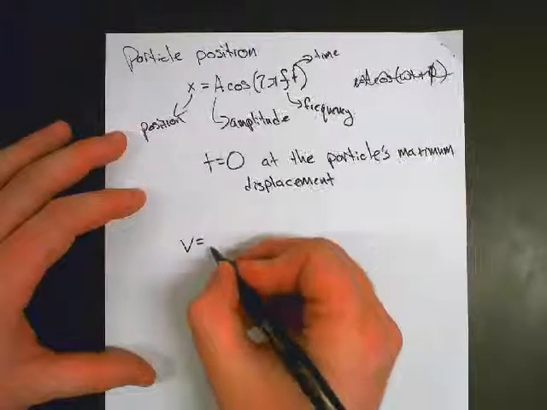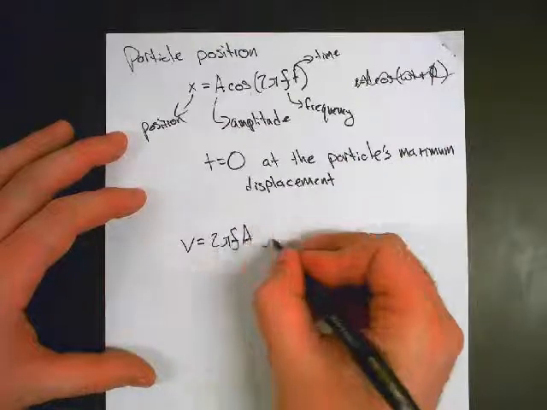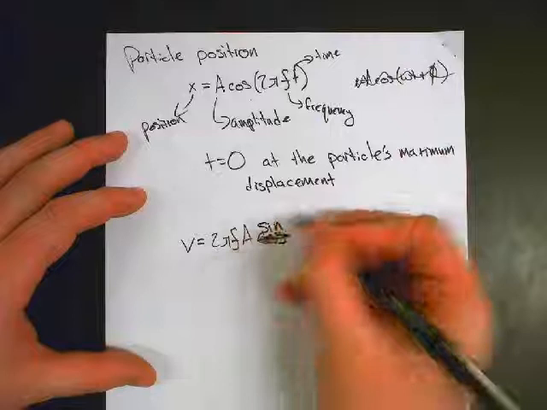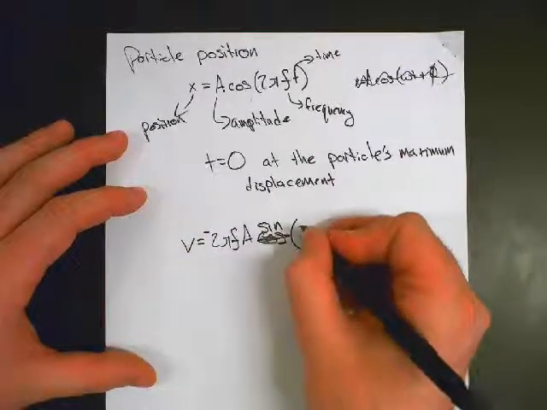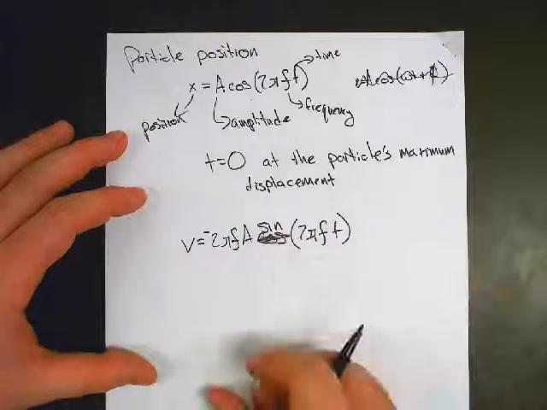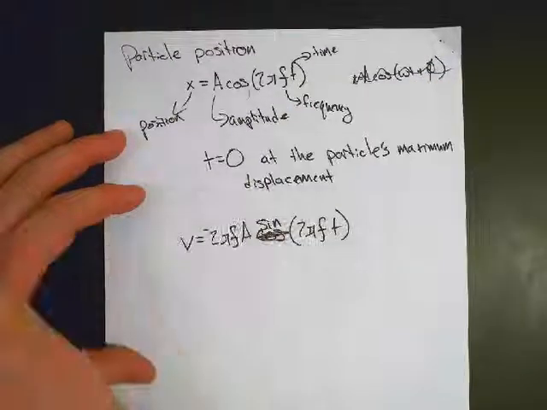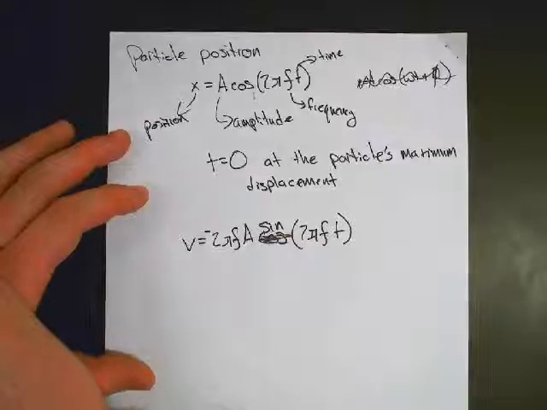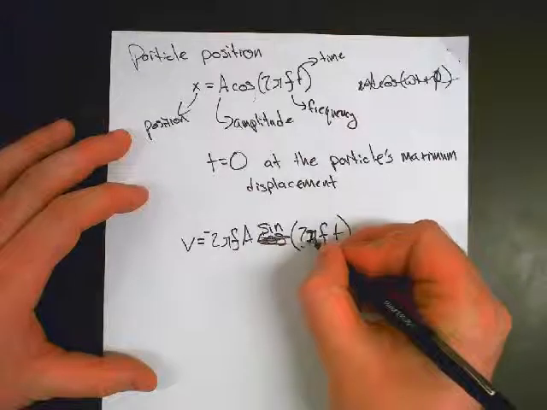So I have 2 pi frequency amplitude, sine of 2 pi frequency time, because we're only taking it with regards to t, and these other ones do not relate with t. Yep, it's still 2 pi.